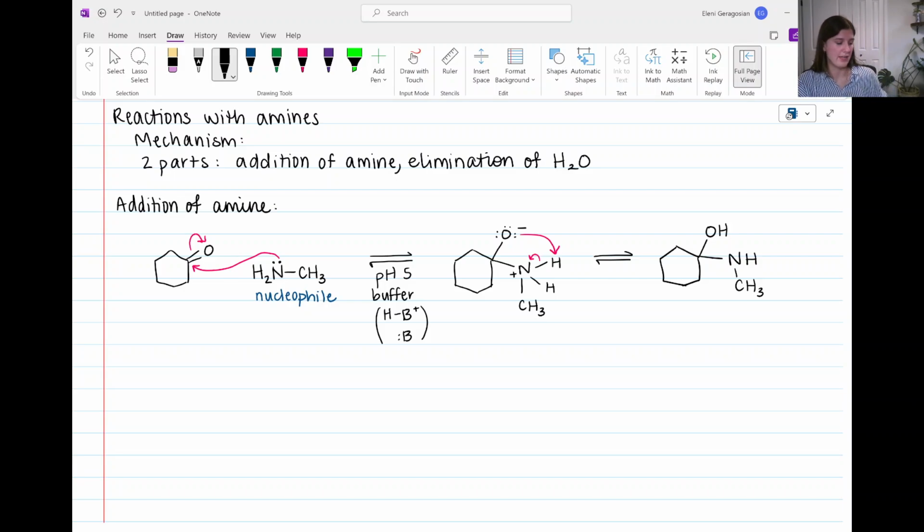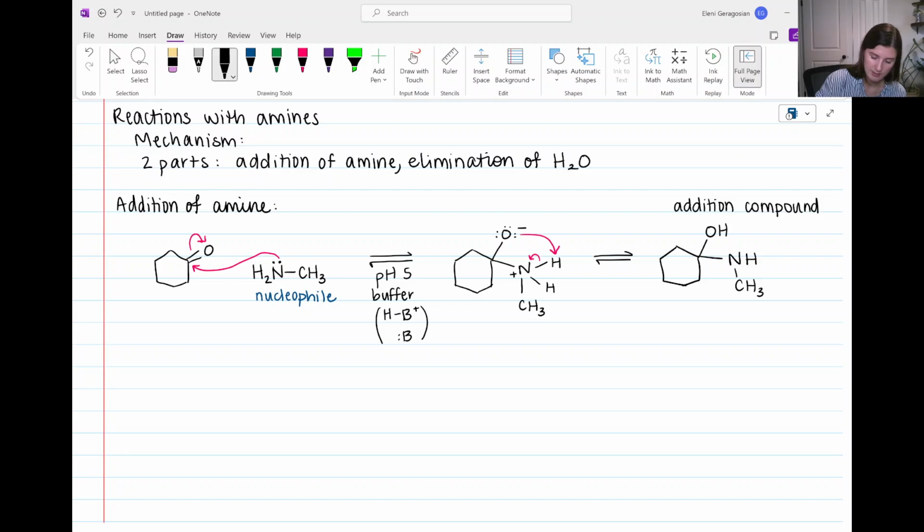So we have an alcohol, and now we have a secondary amine. And we'll call this our addition compound. So that's our first step, addition of amine. We've created that addition compound.